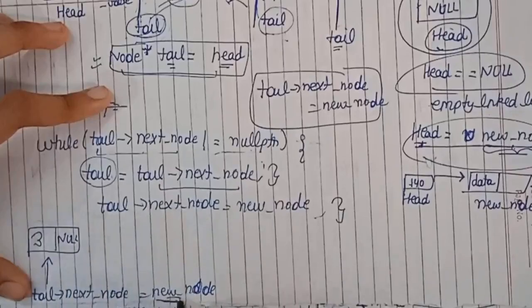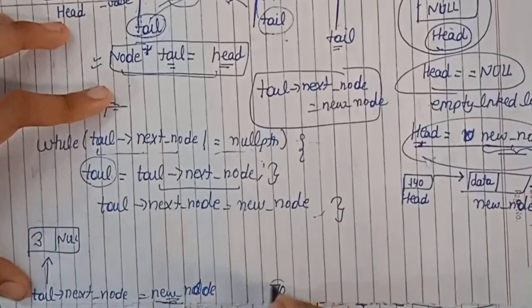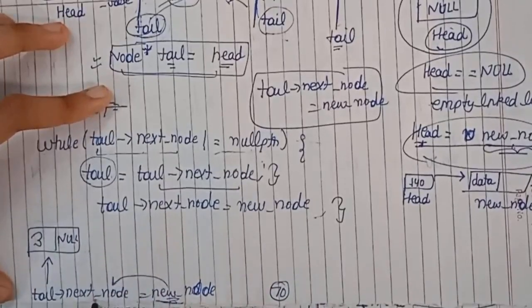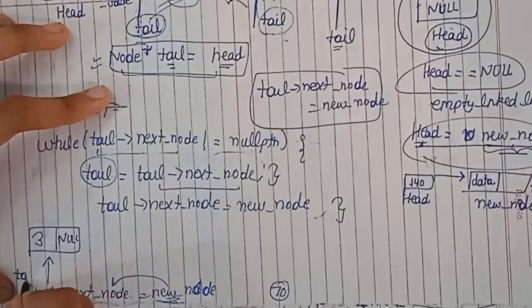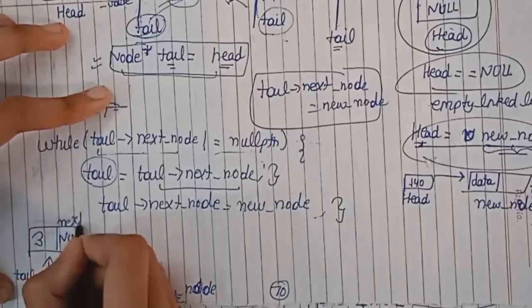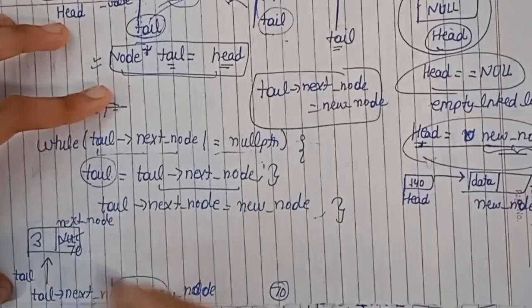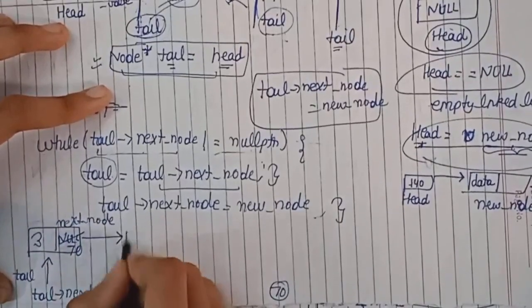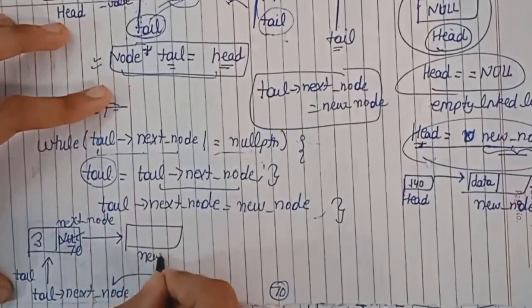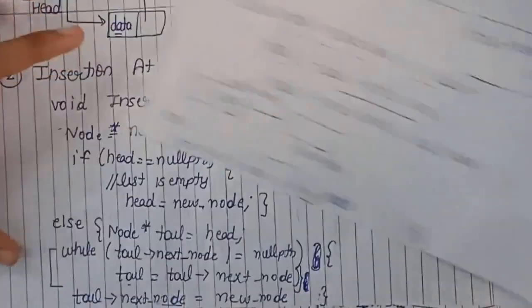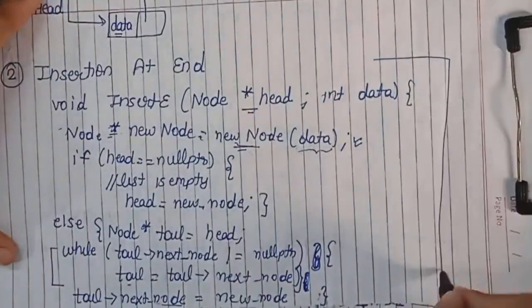Let's say the address of new node is 70. So I've just put the address 70 in the tail's next node. So my tail was here and this is the next node pointer. So here the address 70 will be put and this will start pointing to the new node. So now I hope that this code is clear to you.